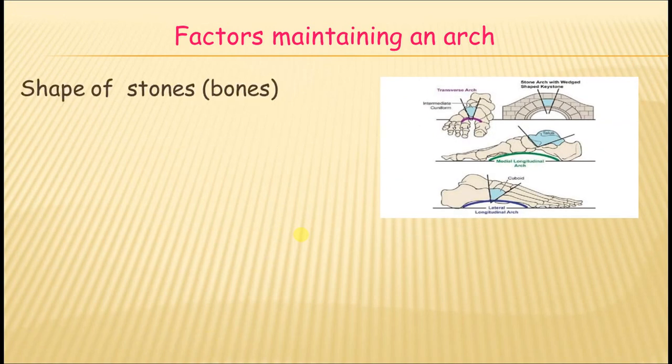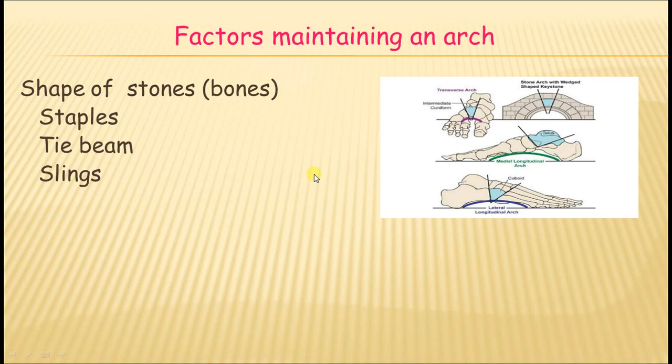So mainly coming to the bony factors, the shape of the bones, as I told you, they are wedge shaped. Then the staples are the ligaments, and then you have tie beam and slings, which are mainly the muscle and the aponeurosis.